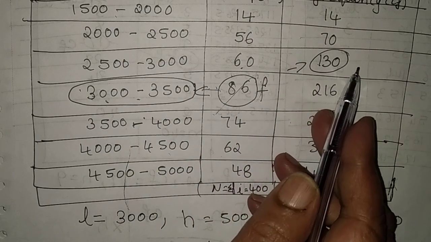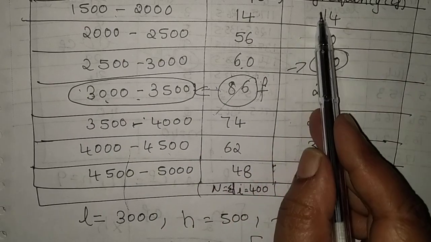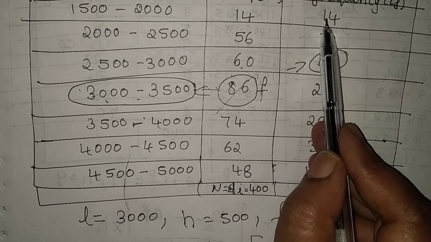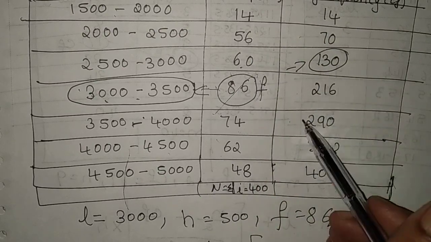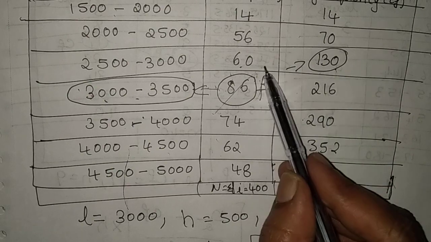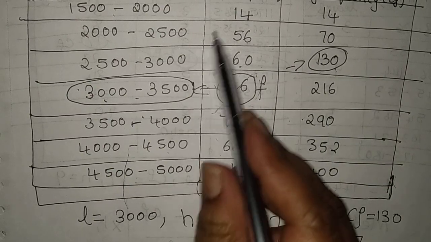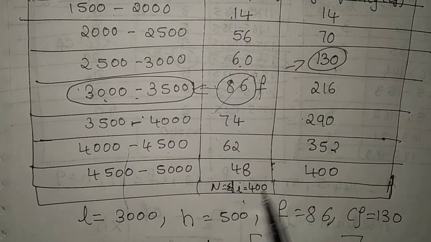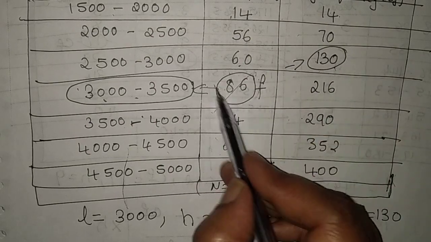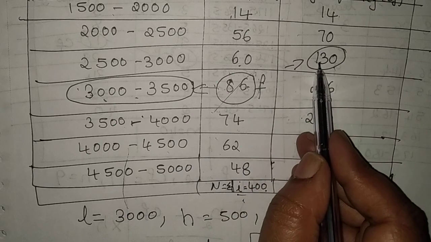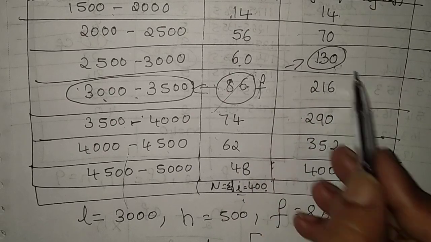Then calculate the cumulative frequency. Calculating means first we have to keep as it is, then go on adding each data here. So now the summation of n, summation means adding all this, N will be 400.